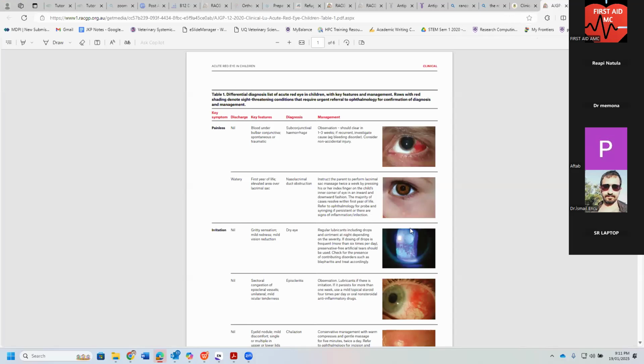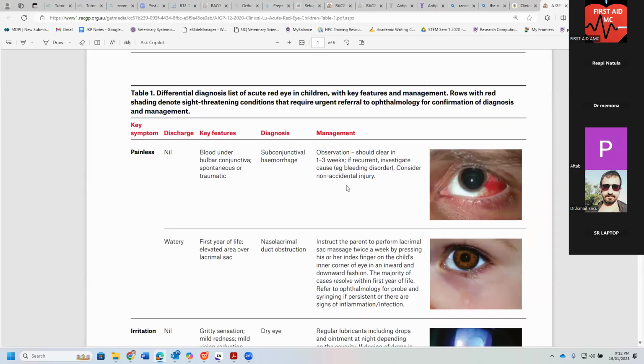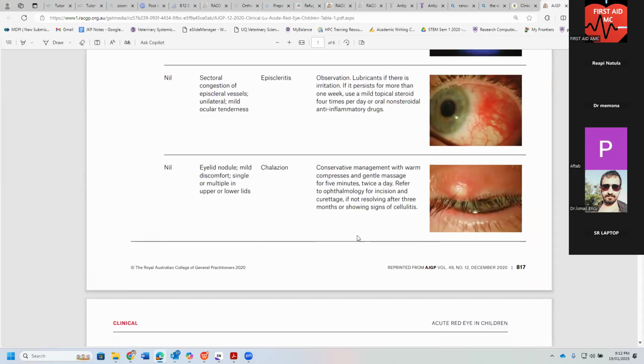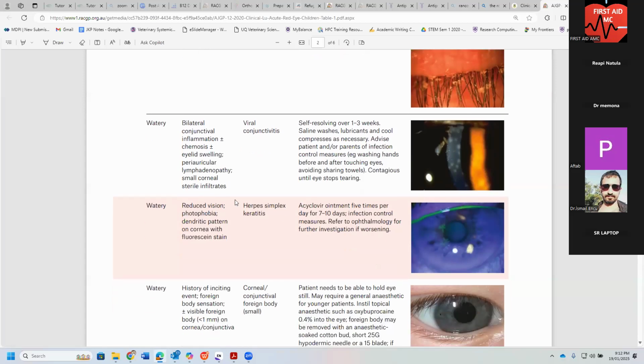Okay, again, Royal Australian College of General Practitioners has every eye disease in the form of tables. They can mention increased lacrimation. So viral conjunctivitis will not have any purulent discharge. They will have increased lacrimation. Okay. Viral conjunctivitis: bilateral conjunctival inflammation, chemosis, eye swelling, periauricular lymphadenopathy, small corneal sterile infiltrates.